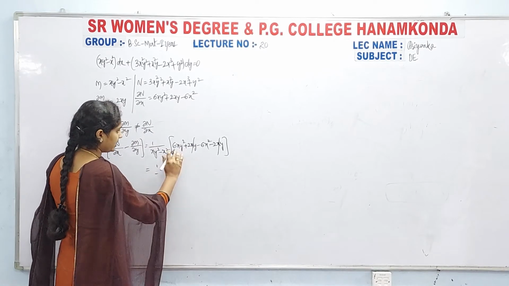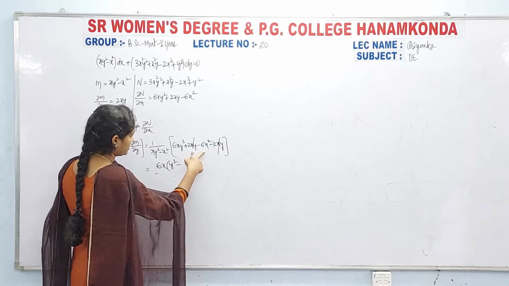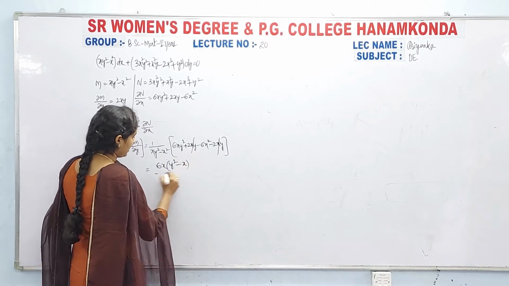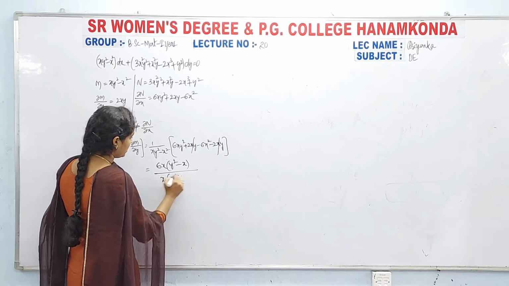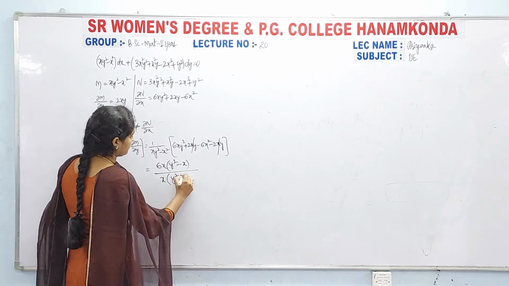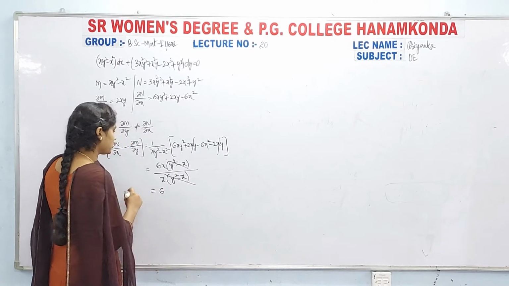So, I am taking 6x common, then I will get y square minus x, no, so that is why here x, again in the denominator x common, then y square minus x. So, both values are cancelled, finally we have 6, which is nothing but some constant.